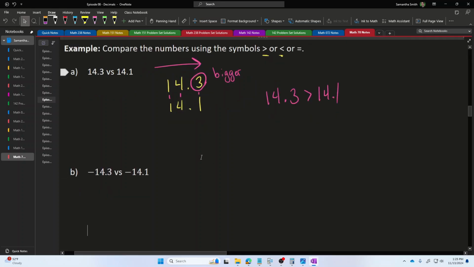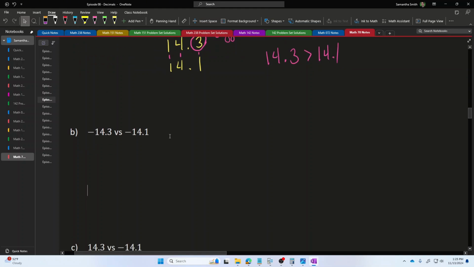However, suppose that instead of comparing positive 14.3 and positive 14.1, suppose that we were comparing the negative version of those two values. Remember that when we are comparing numbers, the alligator mouth is looking for the warmer or the better or the more positive number.